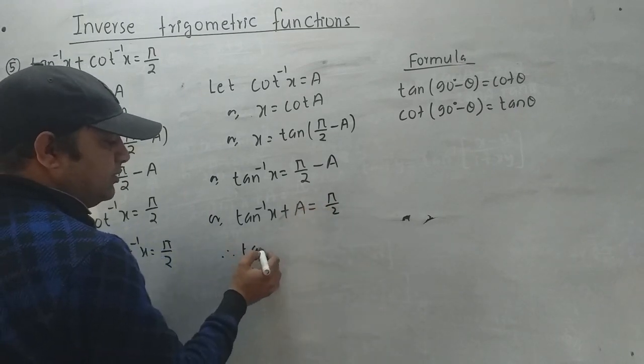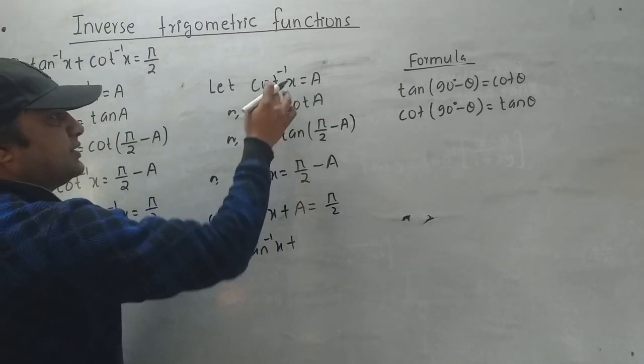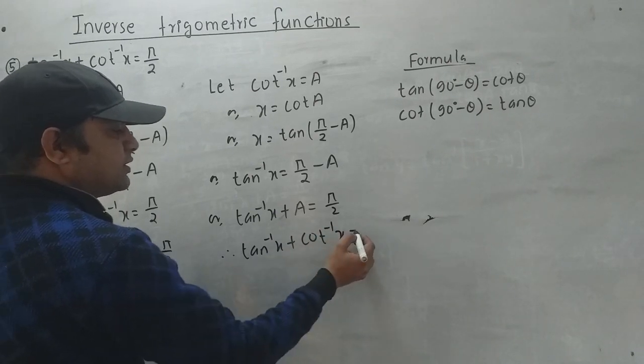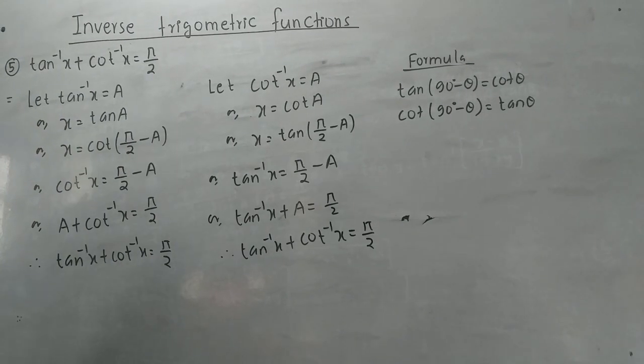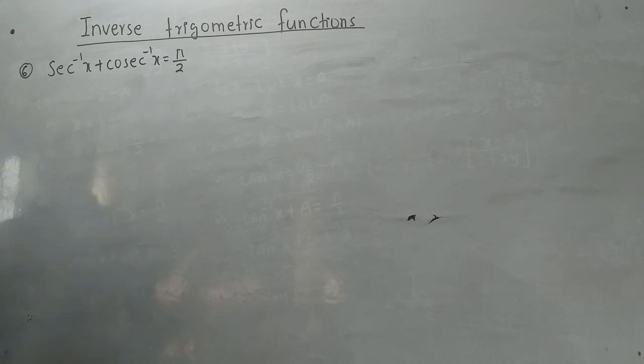Therefore tan inverse x remains the same, and for angle A you replace it by cot inverse x. So the formula is tan inverse x plus cot inverse x equals pi by 2. Formula number 6, sec inverse x plus cosec inverse x equals pi by 2.